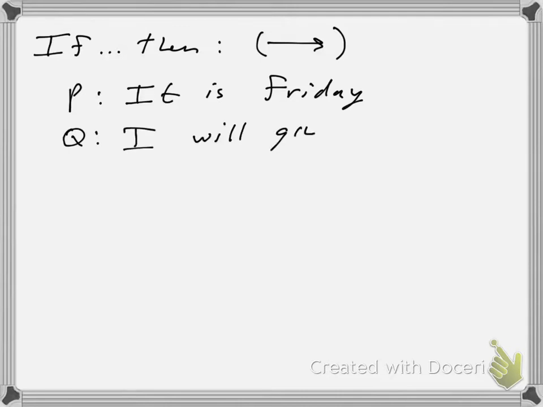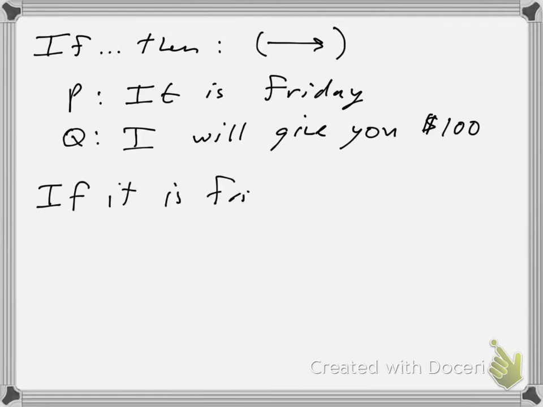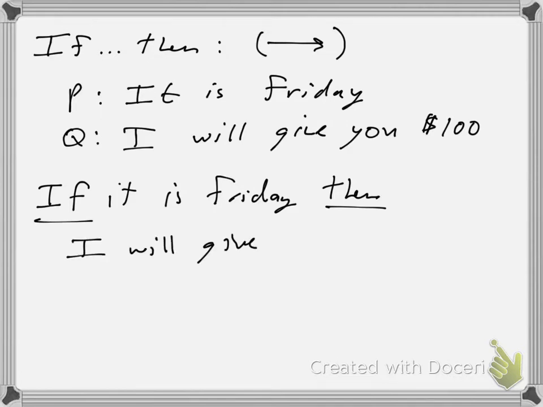I will give you $100 is my second statement. Okay? Then I could say, write the compound statement, if it is Friday, then, this is an if-then, I will give you $100. Okay? So if it is Friday, then I will give you $100.